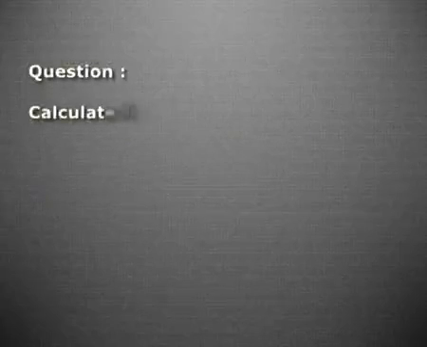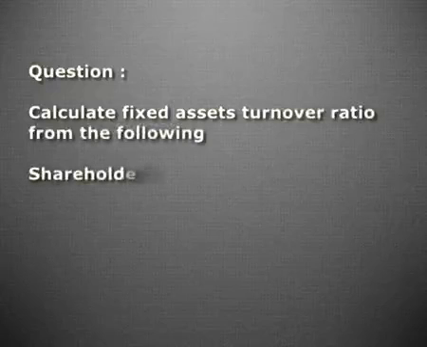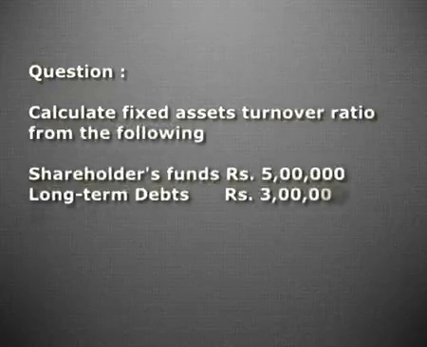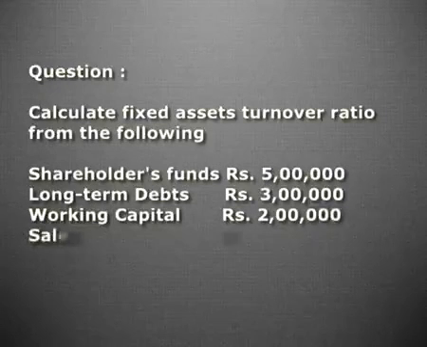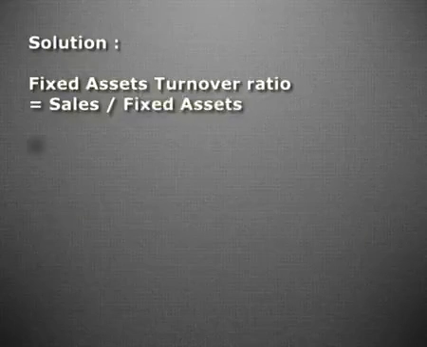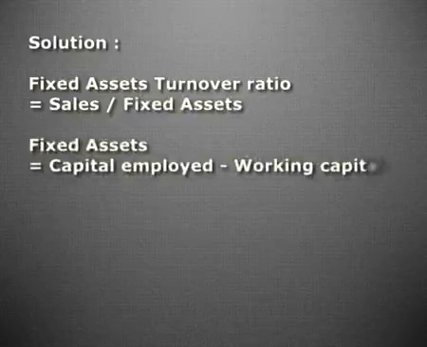Question. Calculate fixed assets turnover ratio from the following. Shareholders' funds rupees 5 lakh, long-term debts rupees 3 lakhs, working capital rupees 2 lakhs. Sales rupees 12 lakhs. Solution: fixed assets turnover ratio is equal to sales divided by fixed assets.